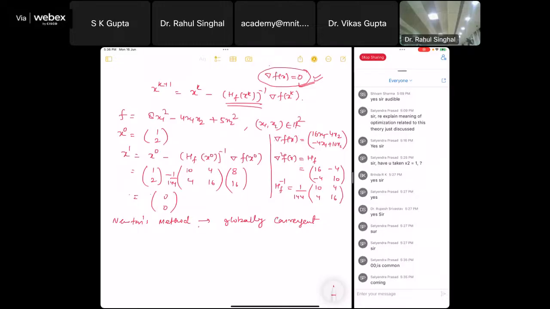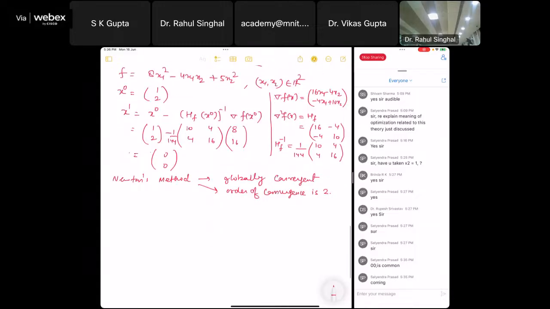And next, it has a convergence rate, the order of convergence is 2. That is faster than the previous method. Okay. So the next method which we are having is the conjugate gradient method.